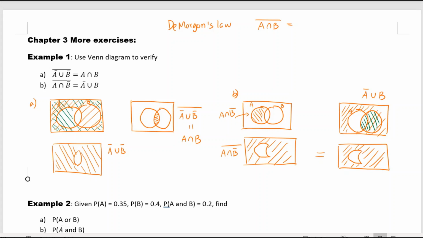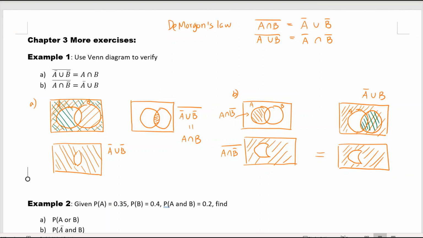When we distribute, A complement, which was intersection, now becomes union, B complement. It's like you distribute the complement sign, but when you see intersection and union, you switch them. And the complement of A union B is A complement intersect B complement. Okay, so this is De Morgan's law.